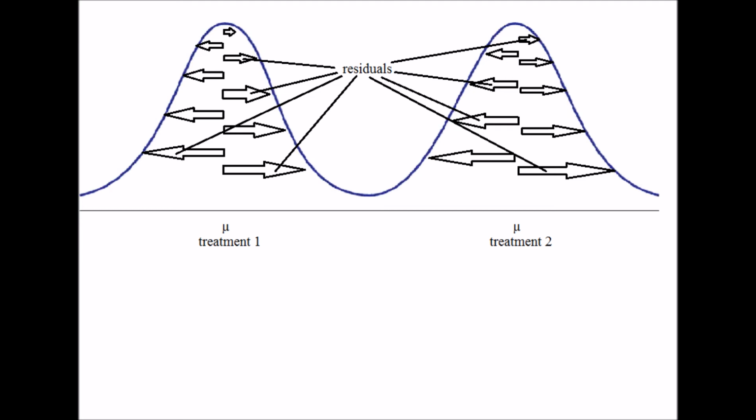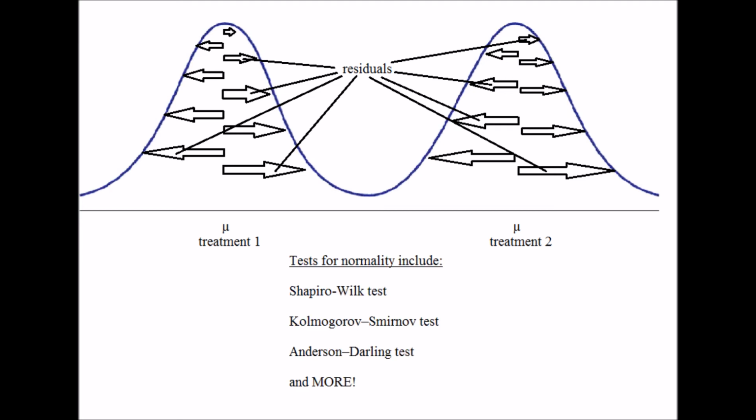There are some statistical tests available, such as the Shapiro-Wilk test, which will test the null hypothesis that the data follow a normal distribution. These tests are only valid if you have a sufficient sample size, and again, should be performed on the residuals. If you fail to reject the null hypothesis, you can feel very comfortable that you have met the normality assumption.